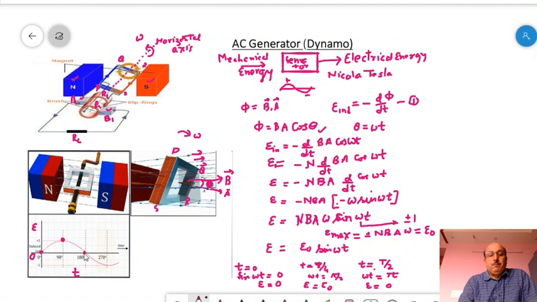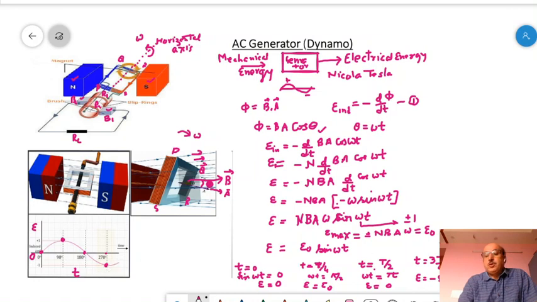As time changes to 3T by 4, that is 270 degrees, then we will get E equal to minus E naught. This point represents 270 degrees, and here is the minus E naught.